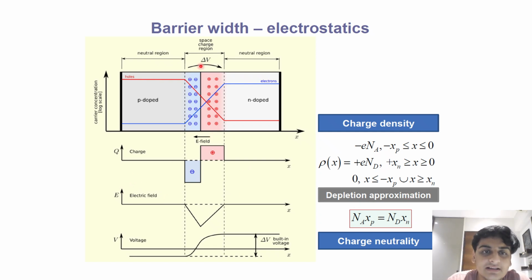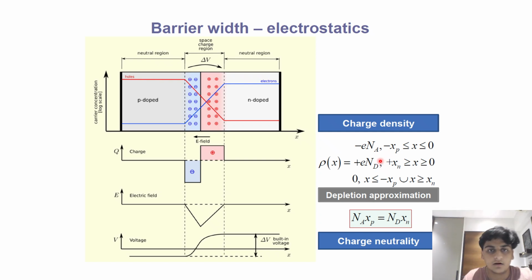We assume that all the action happens in the depletion region, and this electric field only exists in the depletion region. Everywhere else you don't have any electric field.